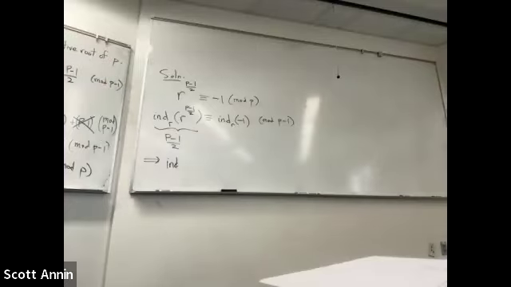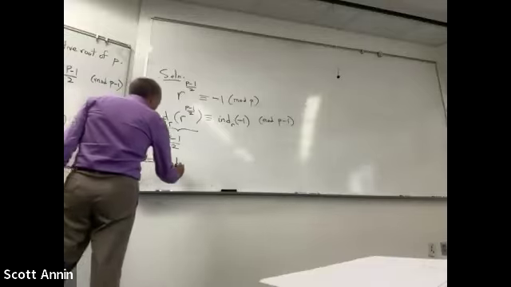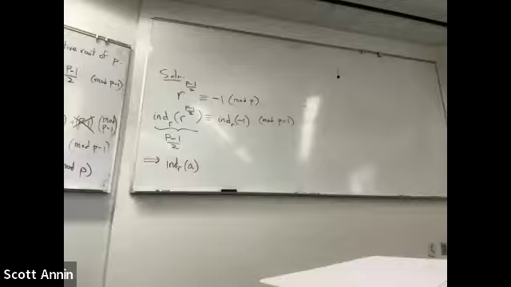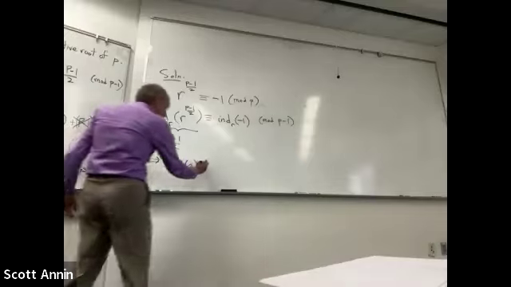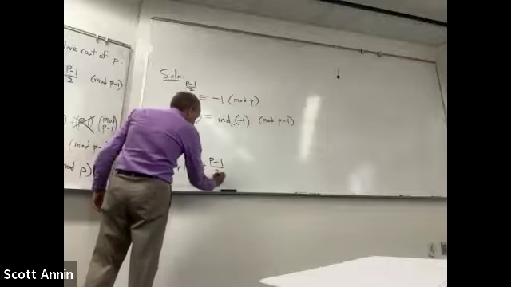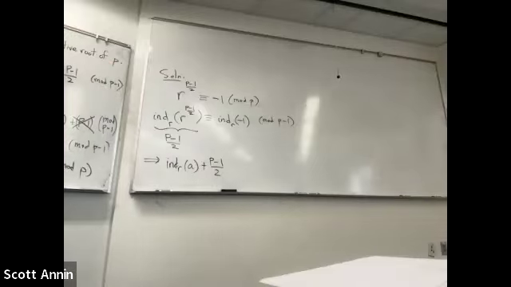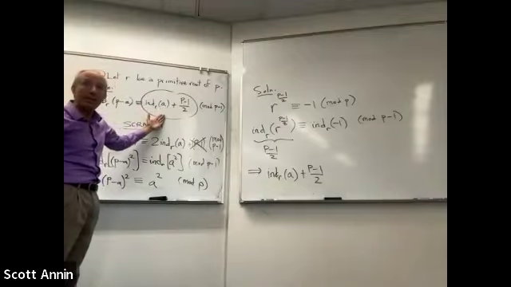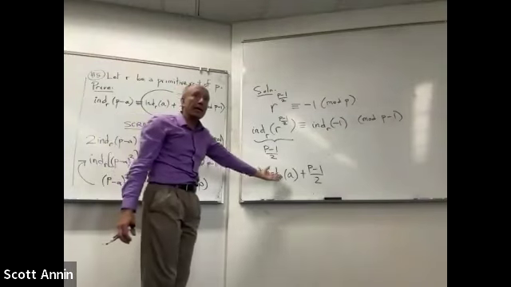If I then want to calculate the index relative to r of a, which is something that's part of the question here, and I add the p minus 1 over 2 to it, I'm kind of starting with the right-hand side of what I'm trying to prove here. That's what I got here.